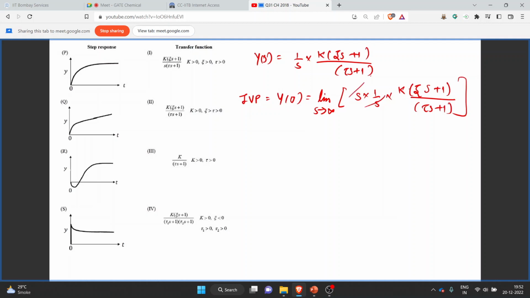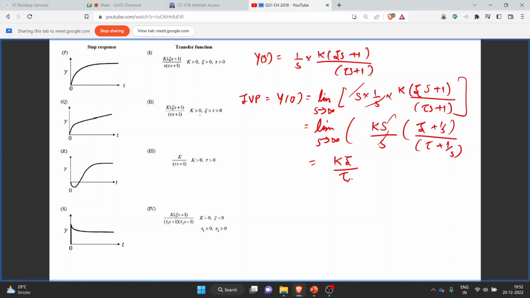This will get cancelled out. We can take s as common, so it will become ks upon s, zeta plus 1 upon s upon tau plus 1 upon s, as s will get cancelled out. And if we put s as infinity, we will get the initial value k zeta upon tau.